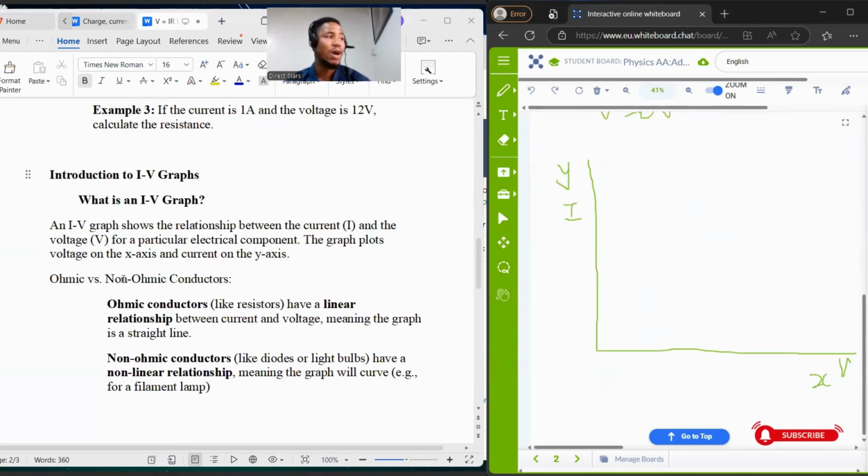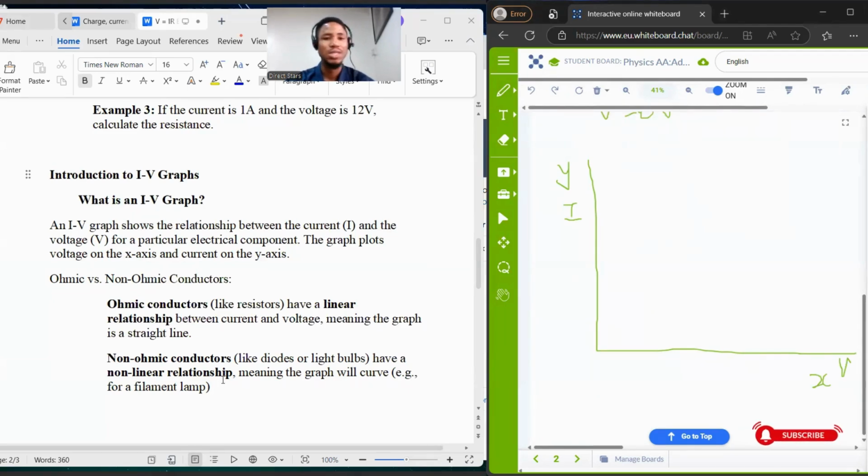Now, here we have ohmic and non-ohmic conductors. In an ohmic conductor like resistors, we have a linear relationship between current and voltage. Linear means a straight line. That means the graph will be on a straight line. While non-ohmic conductors like diodes, light bulbs, and lamps have a non-linear relationship.